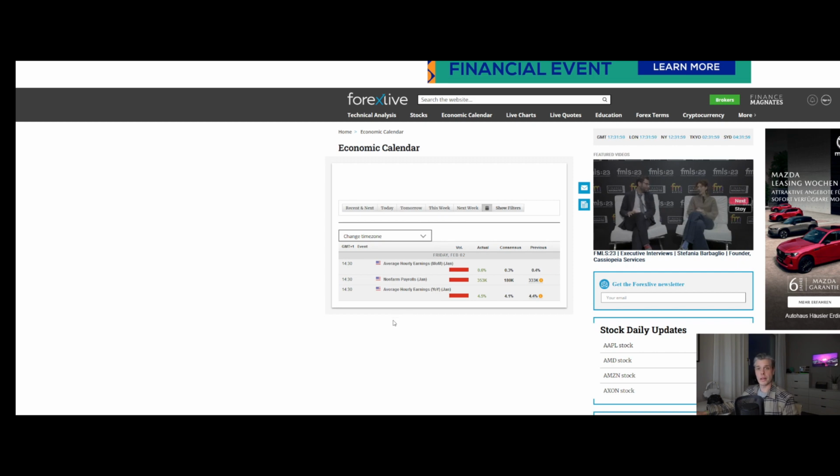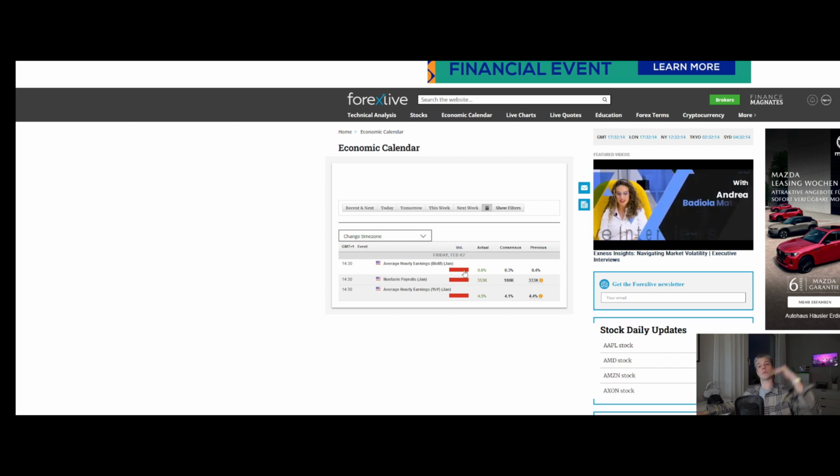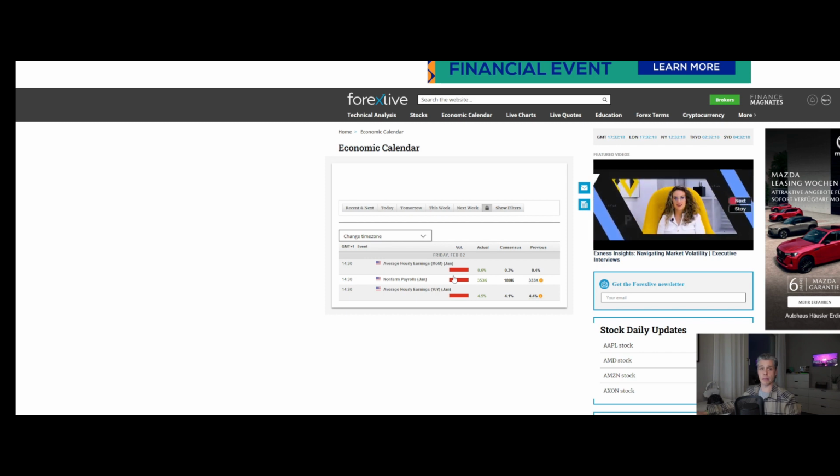When the government or the Fed or whoever publishes the numbers, they appear here, and we always have a rating of importance of the numbers. The redder it is, the more important it is, the more the market will move, the more volatility is sent out to the market by these numbers.